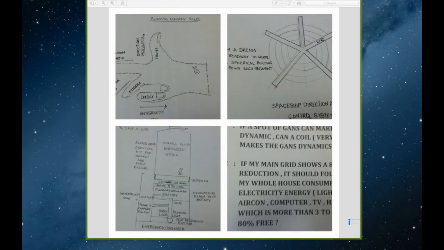According to Nassim and his work for the last little while, the hexagonal, the tetrahedron or the star tetrahedron is the actual geometry of the fundamental field.